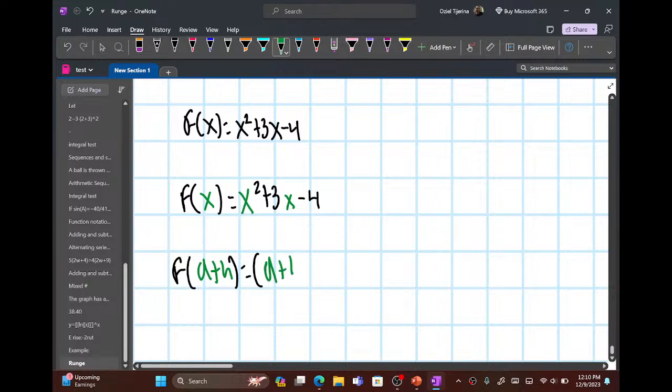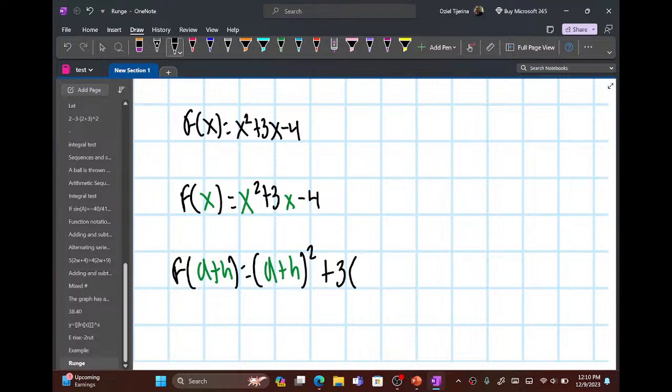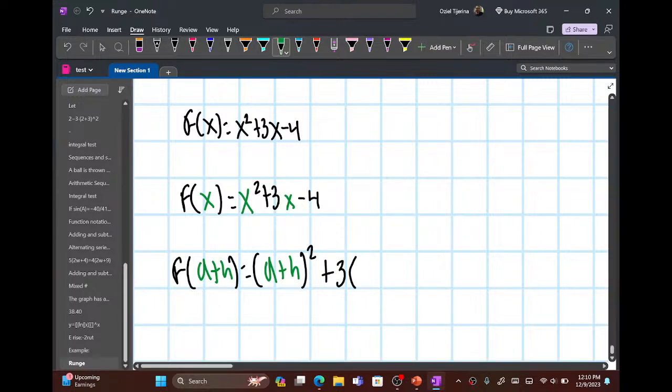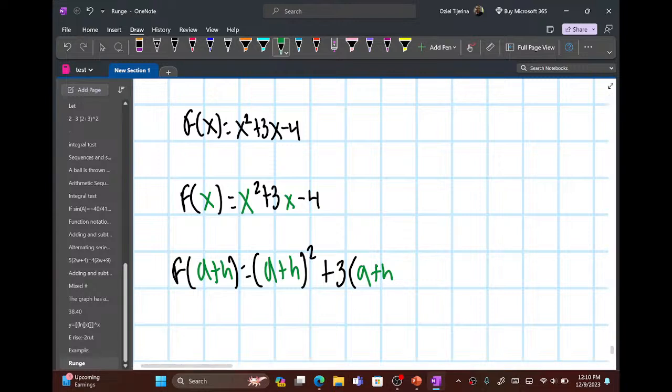A plus h, quantity, squared, plus 3 times a plus h. Or I just say a plus h times a plus h, parentheses a plus h. So plus 3 times a plus h minus 4.